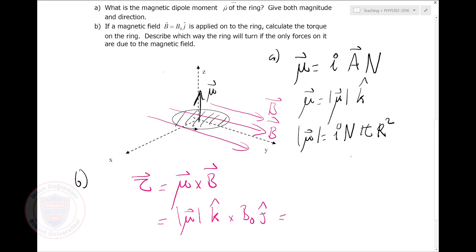So, if I use the expression for mu magnitude, I have I and B0 pi r square k hat cross J hat. What's k hat cross J hat?